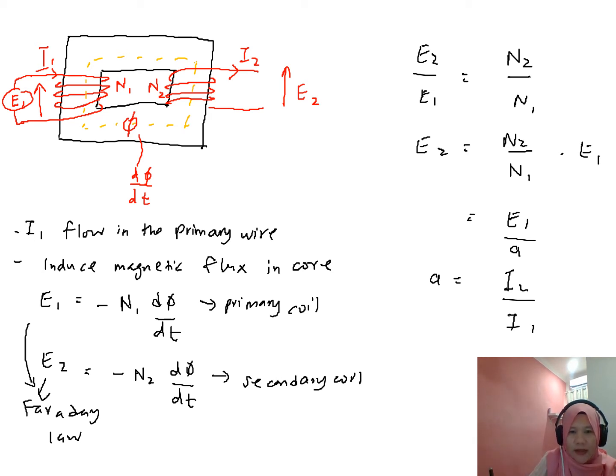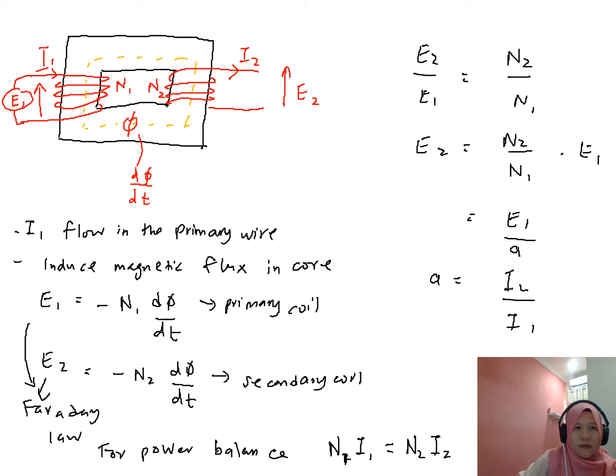For the power balance, N1 multiplied with I1 from the primary coil is equal to N2 multiplied with I2 from the secondary coil.